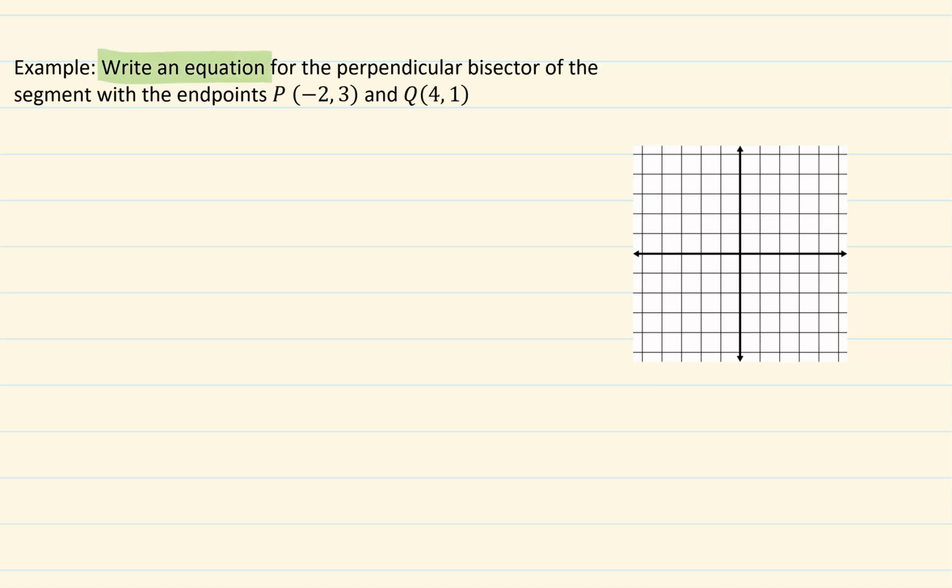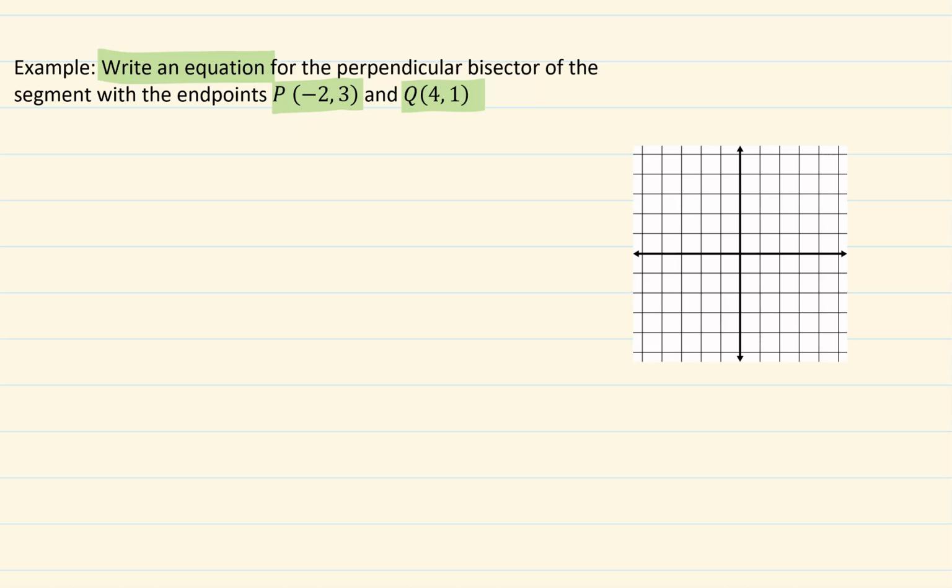That's what we're trying to do, is write an equation for the perpendicular bisector of a segment with these two endpoints. For problems like this, you do not have to draw a graph, and sometimes it's not reasonable to draw a graph because the numbers are too big or the numbers are fractions or decimals that make it difficult to graph.